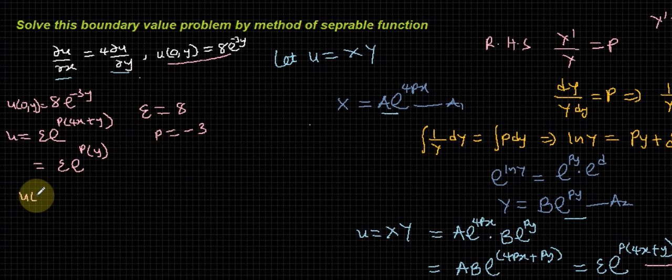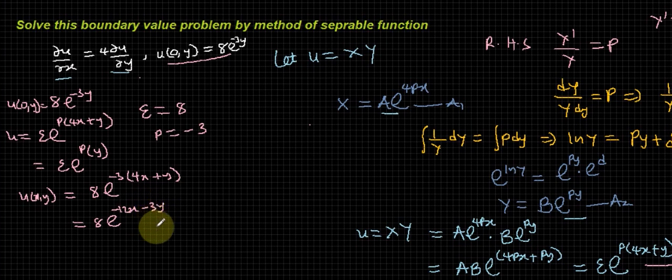Then u(x, y) will be 8 exponential minus 3 into 4x plus y, which is 8 exponential minus 12x minus 3y. This is the required solution for this boundary value problem using method of separable function.